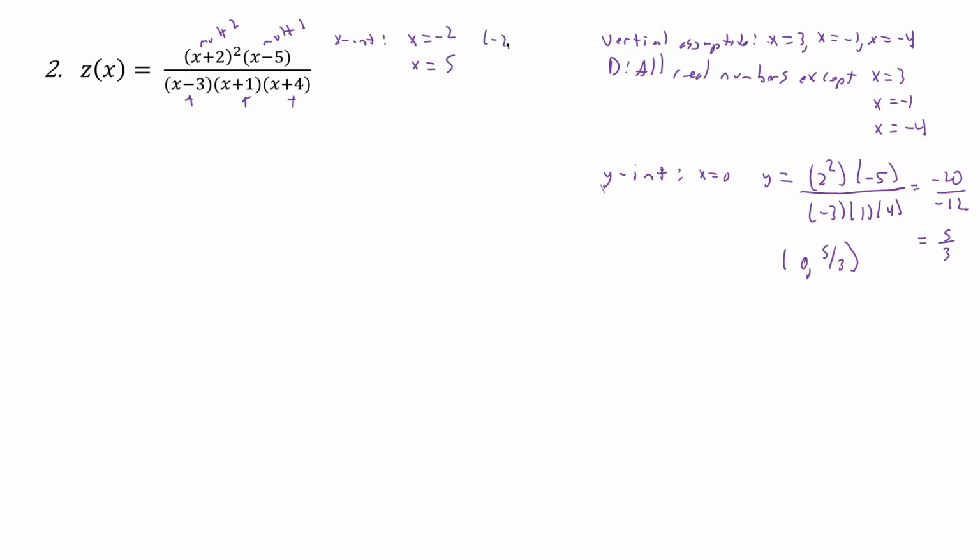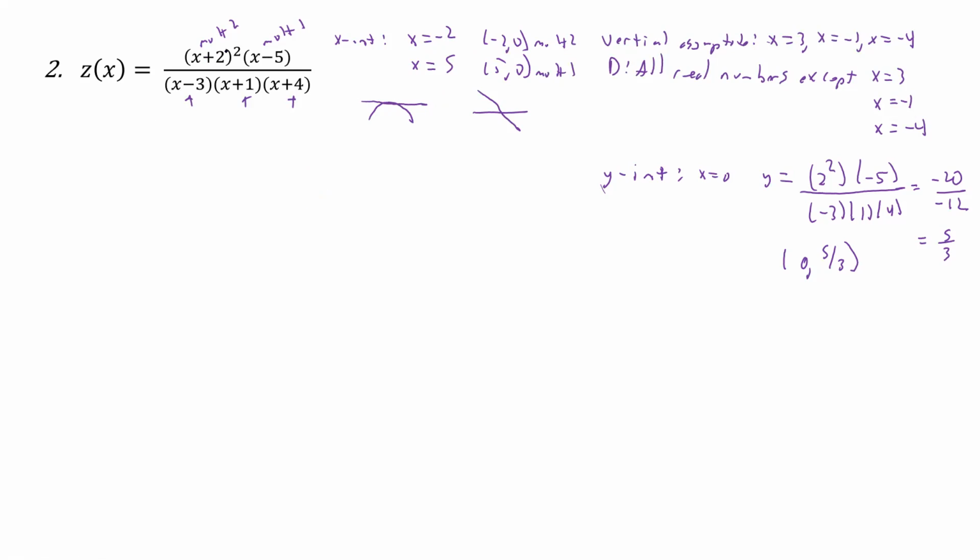So that's going to be -2, 0, and that's going to be 5, 0. But again, that is multiplicity of 2. So what happens when we have multiplicity of 2? It bounces off, whereas multiplicity of 1, that goes through. Okay, so this is going to bounce off that axis, and this is going to go through the axis.